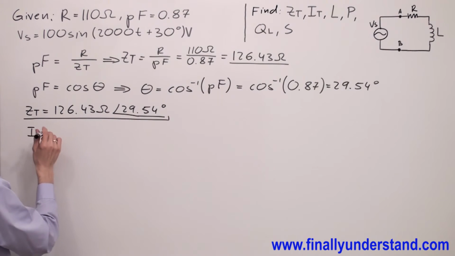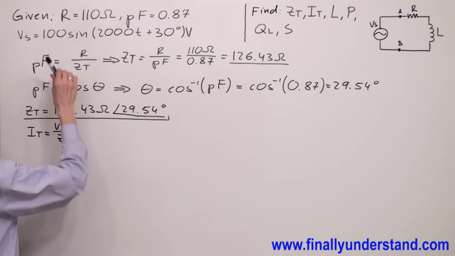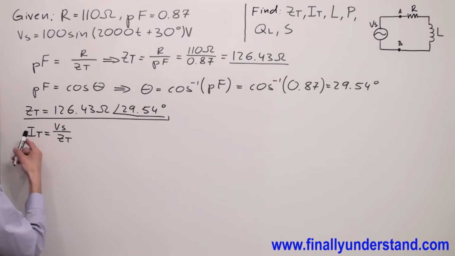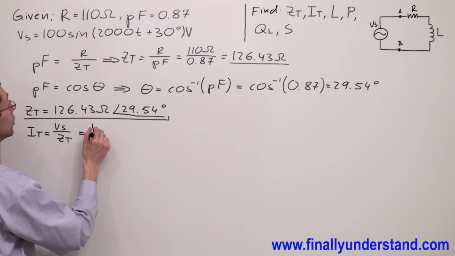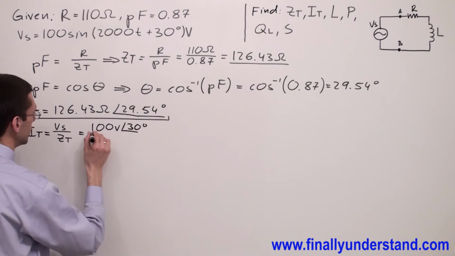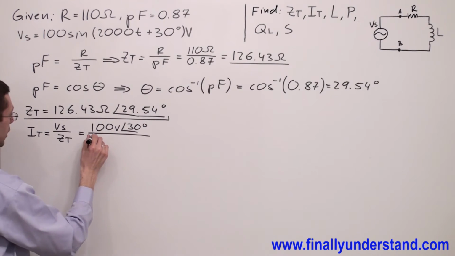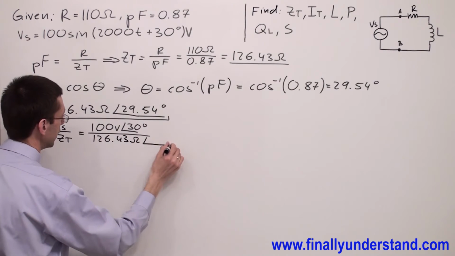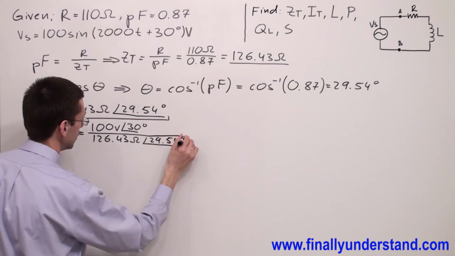I total is equal voltage source over Z total. Please notice that this is peak value. Okay, so the current which I'm going to have over here is going to be also peak. So I have voltage source 100 volts and angle of 30 degrees divided by Z total, which is equal 126.43 ohms and angle of 29.54 degrees.